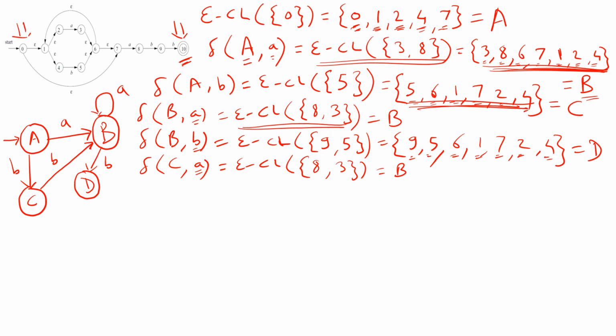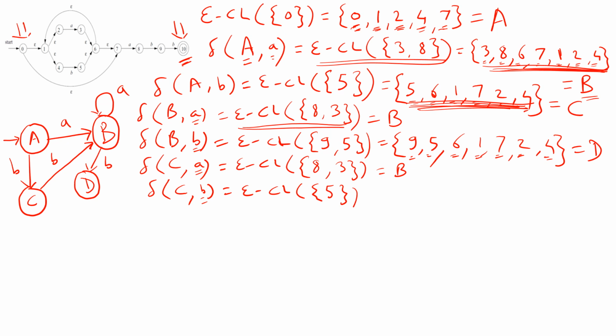Likewise, now we will calculate it for delta C comma B, which is epsilon closure of CB. Okay. So C contains this whole thing: 5, 6, 1, 7, 2, 4. Input alphabet is B. 5B, no. 6B, no. 1B, no. 7B, no. 2B, no. 4B takes you to 5.